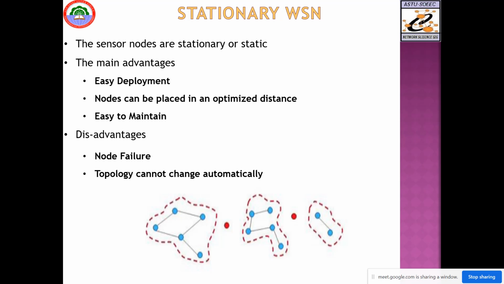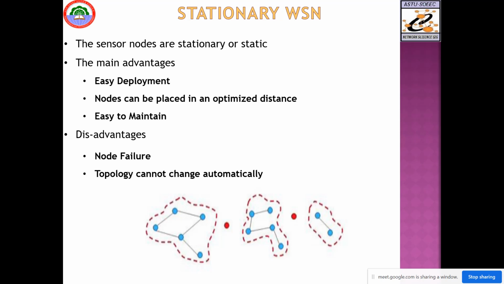In such scenarios, like this example we discussed, the entire network is partitioned into three networks because of node failure. Once the failed node is replaced with an active node, they are capable of establishing reconnectivity, or the nodes will be reconnected to form one single network.